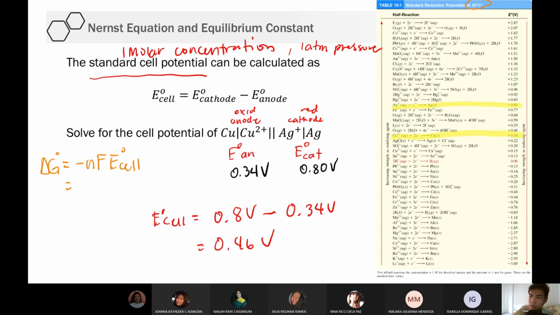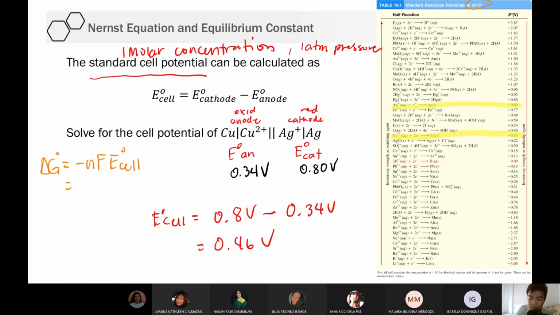Okay. So what is n? n is the number of moles of electron. So ano ba yung moles of electrons na ginamit dito? Okay. So kapag nag-balance na kayo ng redox reaction sa lab, sa lab part talaga to.